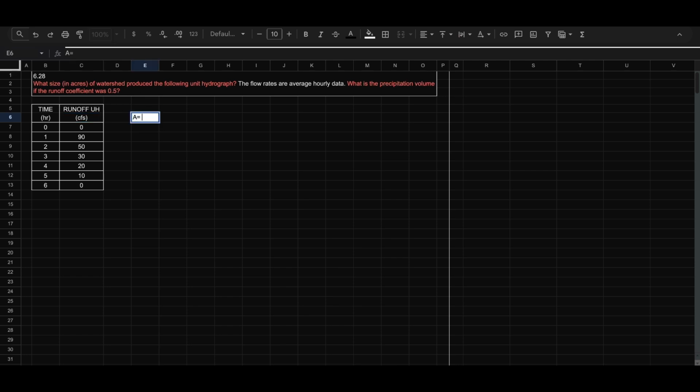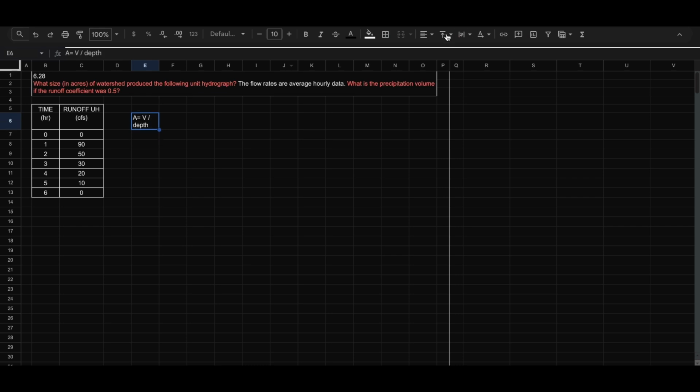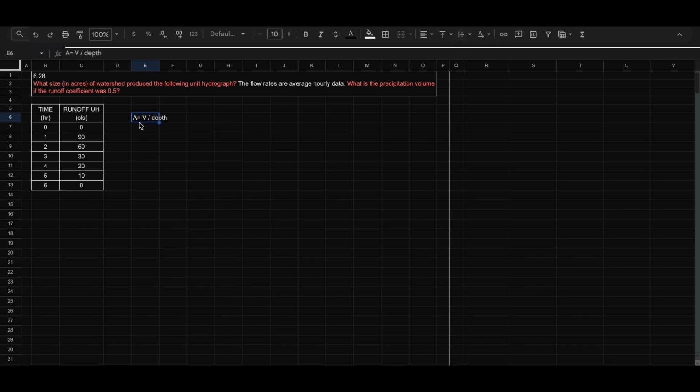The area equals volume divided by the depth, right? So we have that equation. That's how we've been finding the area. Now, the volume, we need to calculate it. We have the cubic feet per second.